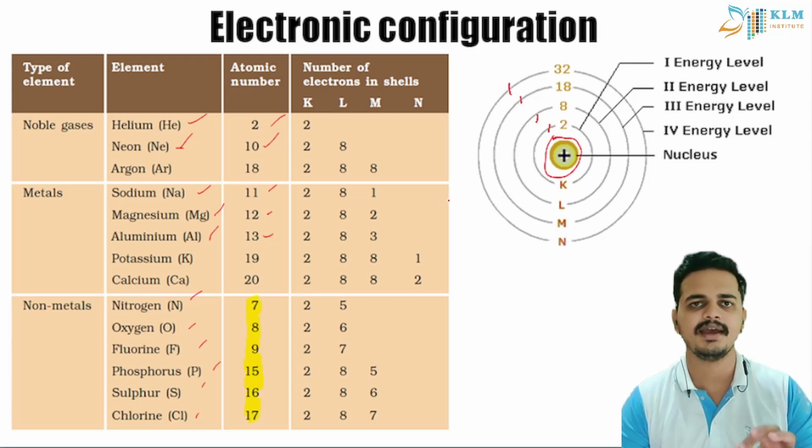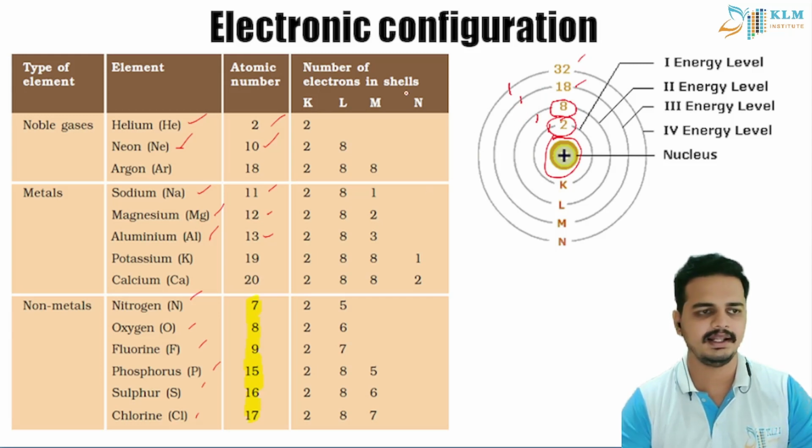K, L, M, N. So these are the 4 shells. The capacity of K shell is 2 electrons. The capacity of L shell is 8 and so on. You can see here M has 18 and N has 32.